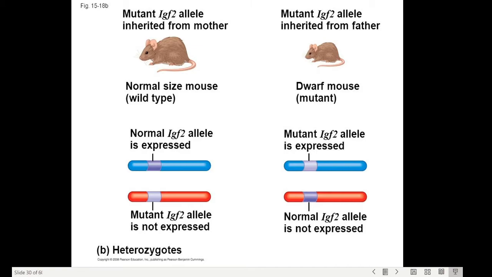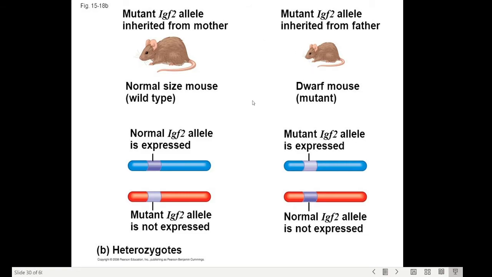Here is another example with a laboratory technique, a laboratory experiment. How can we explain a mutated mother? Determine the mutated mouse, the mutated gene. A normal size mouse is the wild type. A small one is a mutant.